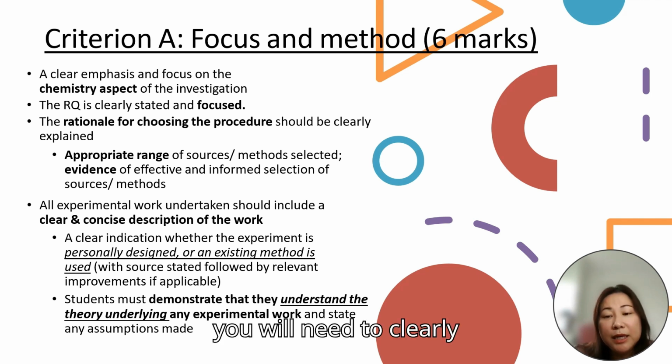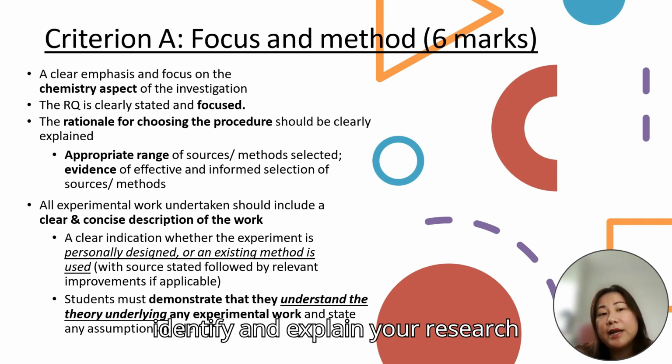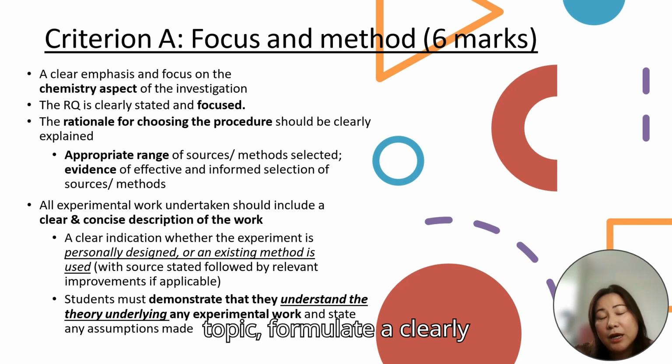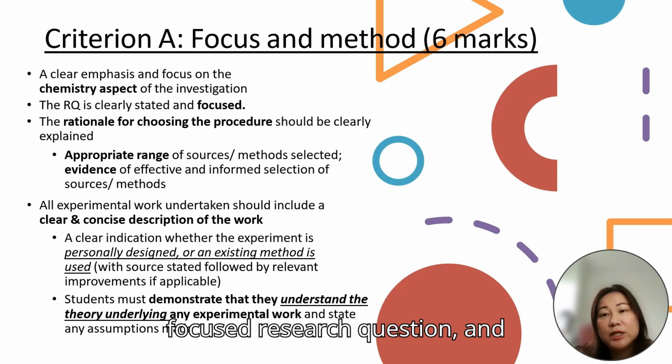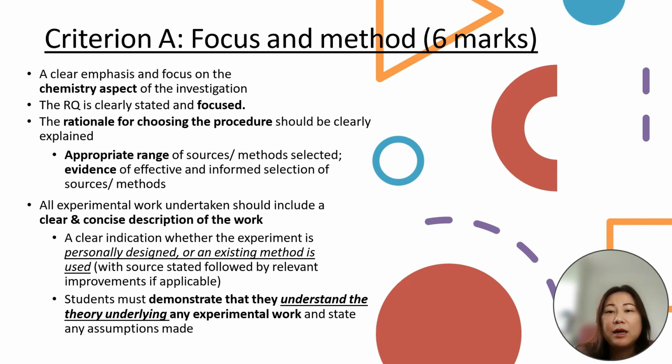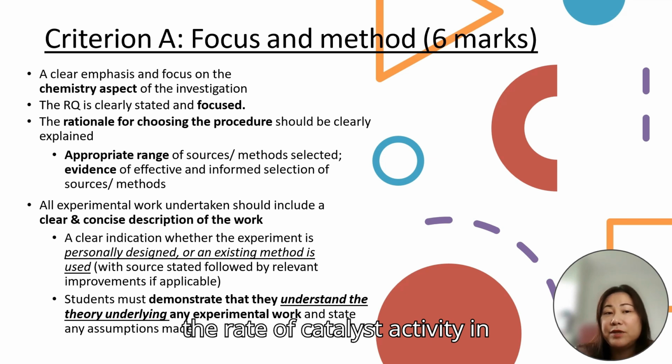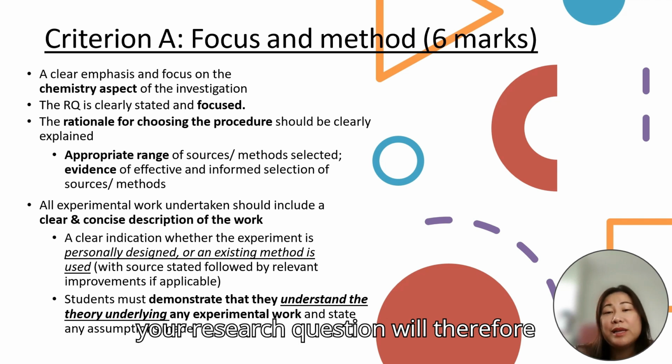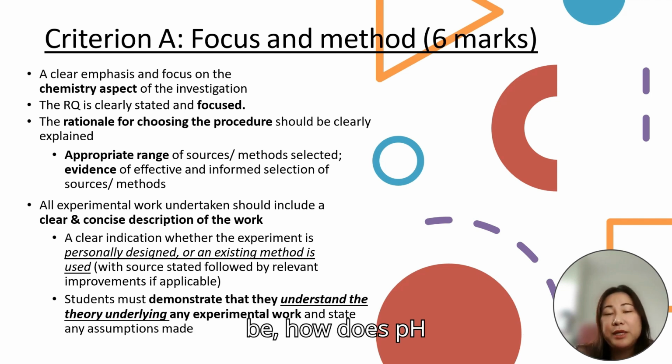You will need to clearly identify and explain your research topic, formulate a clearly focused research question, and choose appropriate methods to address it. Let me give you an example. For example, if your topic is the effect of pH on the rate of catalase activity in potato cells, your research question will therefore be, how does pH affect the rate of catalase activity in potato cells?